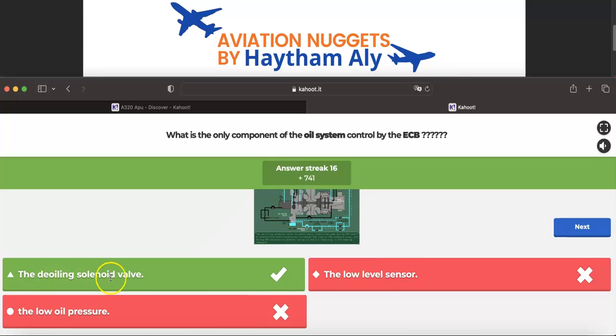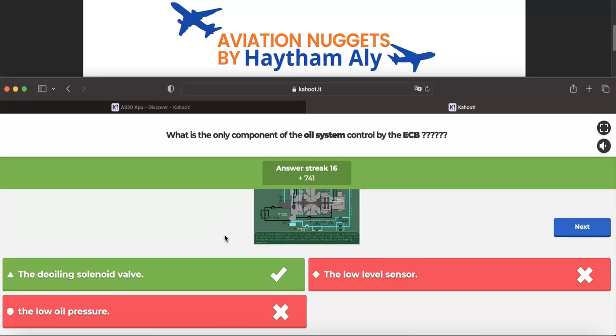So what is the de-oiling solenoid valve? It is a valve that will open only during the start in a cold start operation to reduce the amount of oil that will go to the pressure pump, because the oil is very thick, with a high density due to cold operation. So the de-oiling solenoid valve must be open and allow some oil to go back to the APU oil tank, which is the accessory gearbox, to reduce the load on the APU pump during the cold situation.